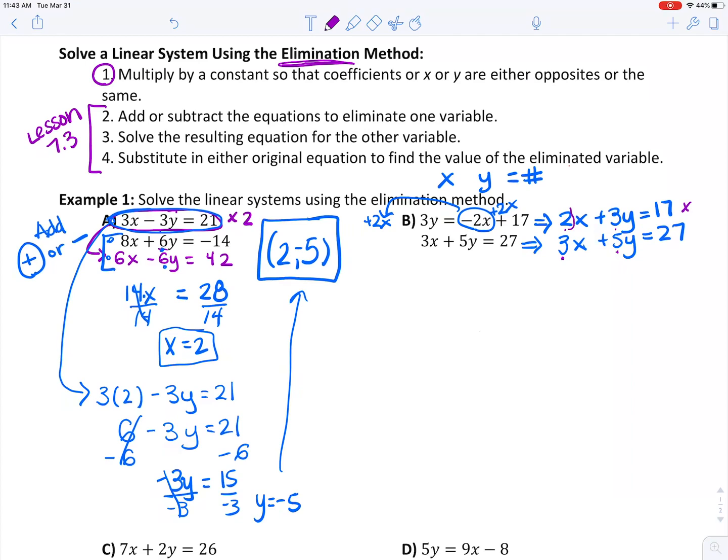If I wanted it to be a 6x, because I noticed that 2 and 3 both go into 6, I could take this top equation and multiply it by 3, because 2x times 3 is 6x. So then we have 3y times 3 is 9y, and 17 times 3 is 51.